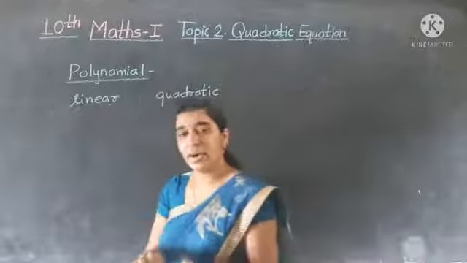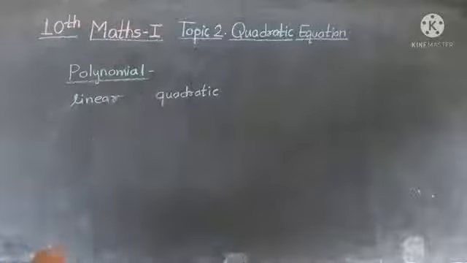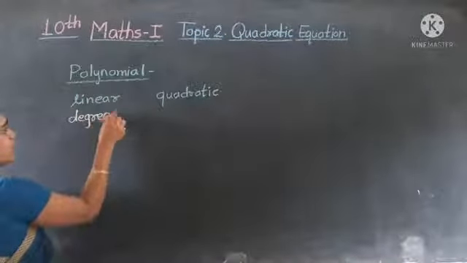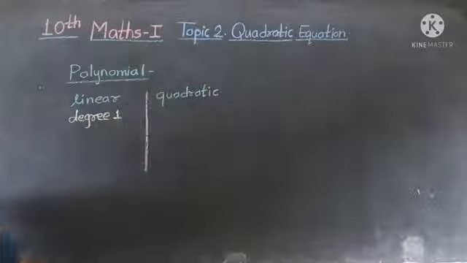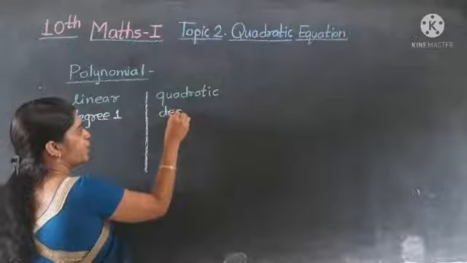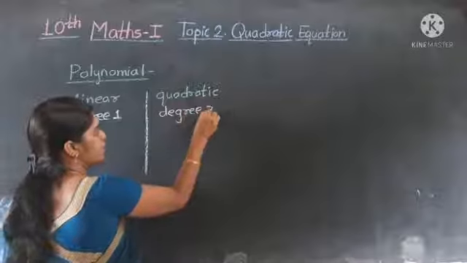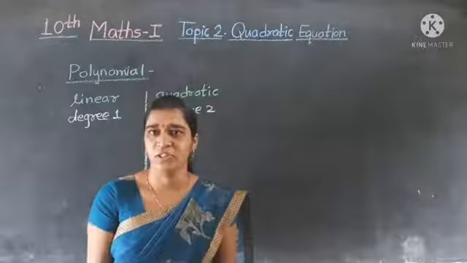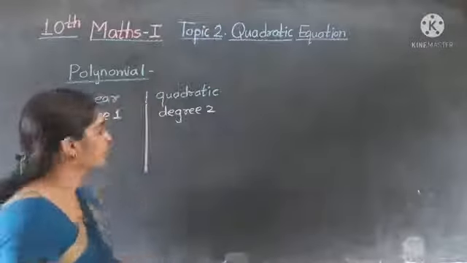What is meant by linear? If the degree of that polynomial is 1, then you call it a linear polynomial. And when its degree is 2, you call it a quadratic equation or quadratic polynomial.